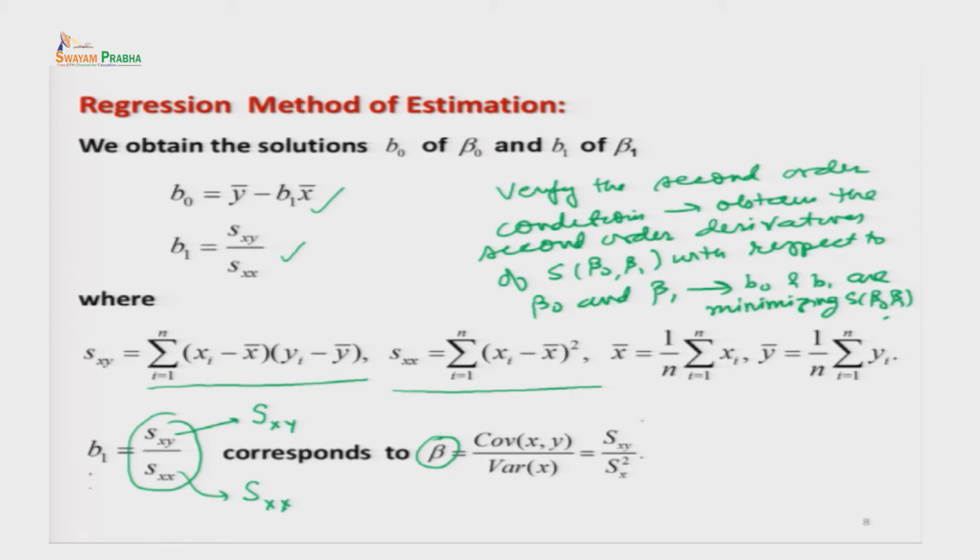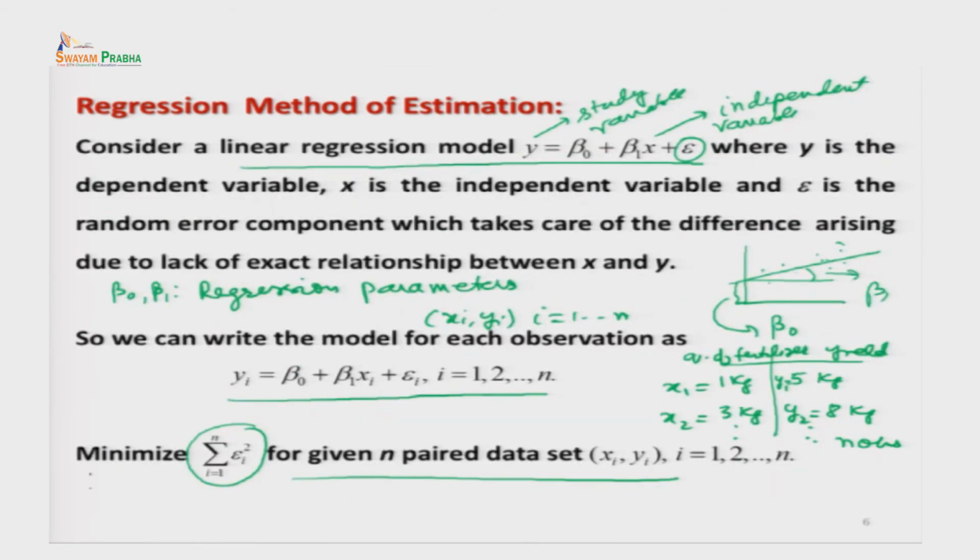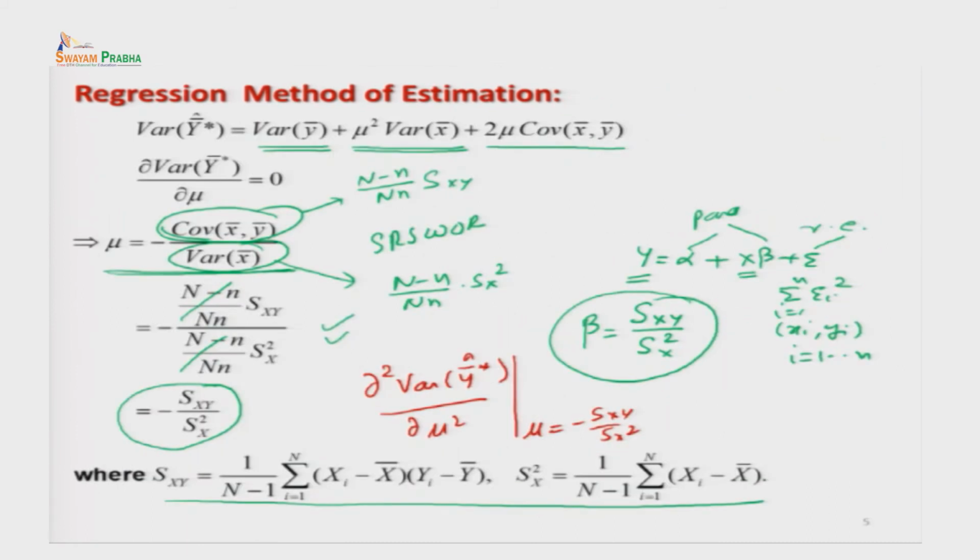Now if you look at what you had obtained here, I will write this in blue color so that you can see. This is equal to something like minus times beta, right.